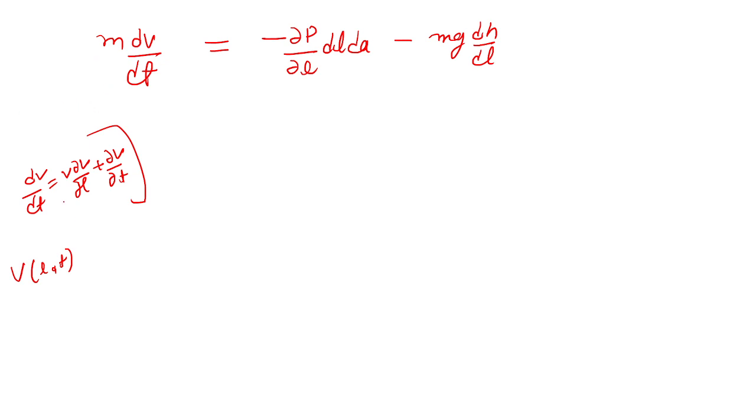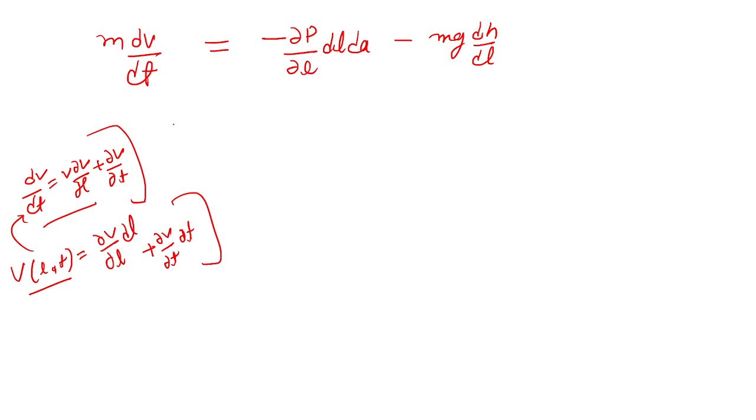So this is the velocity with respect to length and time, and we can write this as dV over dt equals V ∂V over ∂L plus ∂V over ∂T. By differentiating the velocity with respect to time, we get this equation. So it is very easy.